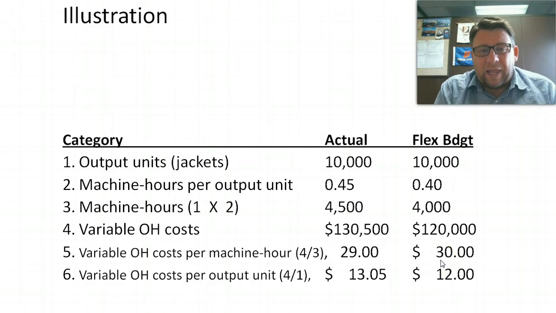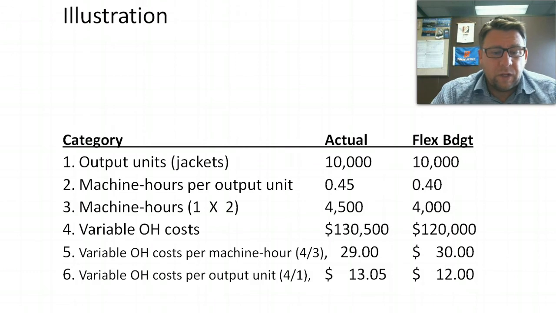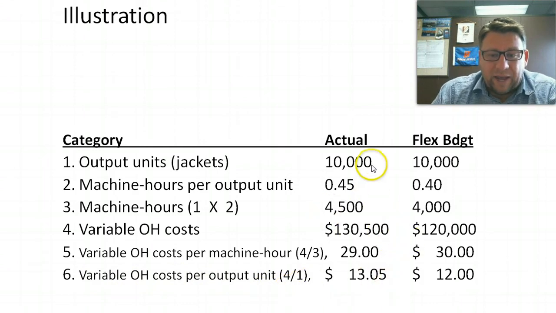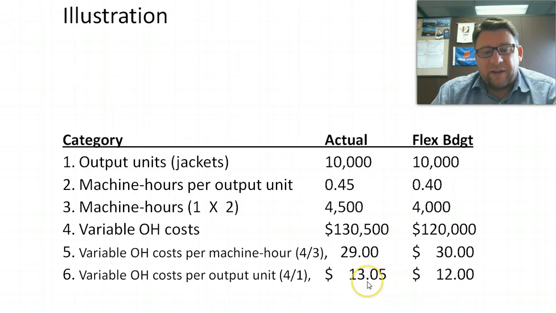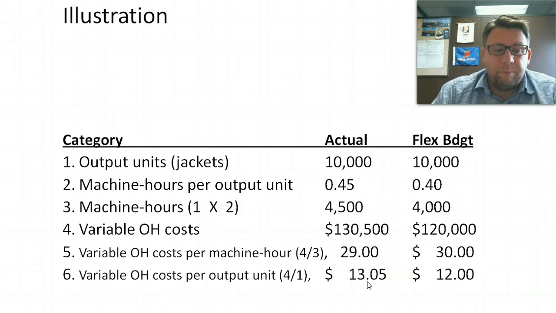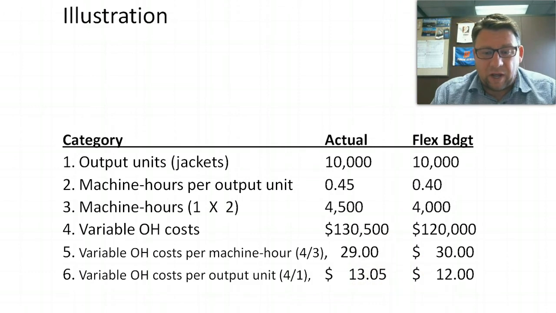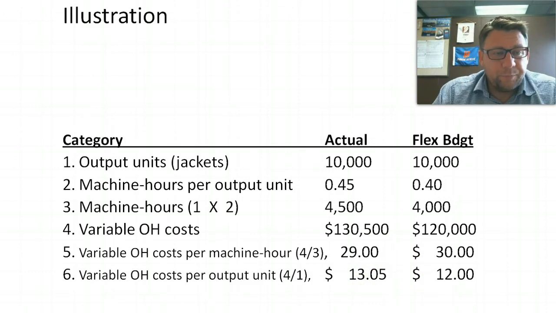We spent less per machine hour than we thought we were going to spend. All right. But then what was our overhead cost per output? Well, in this case, we take our total cost and divide it by the output, and you can see that that cost ended up being more. So we know that we're going to have an offset with that variance.